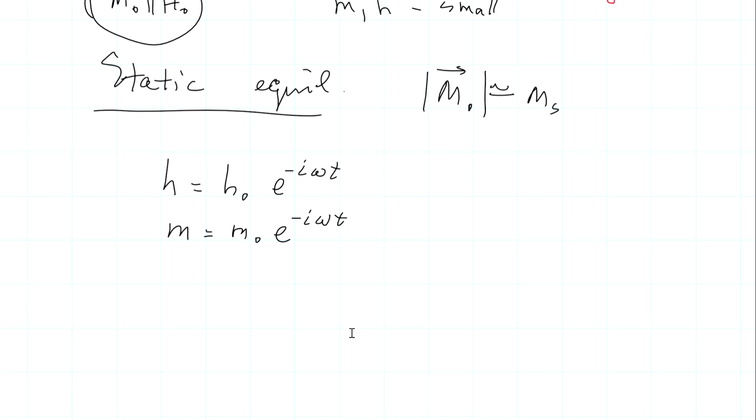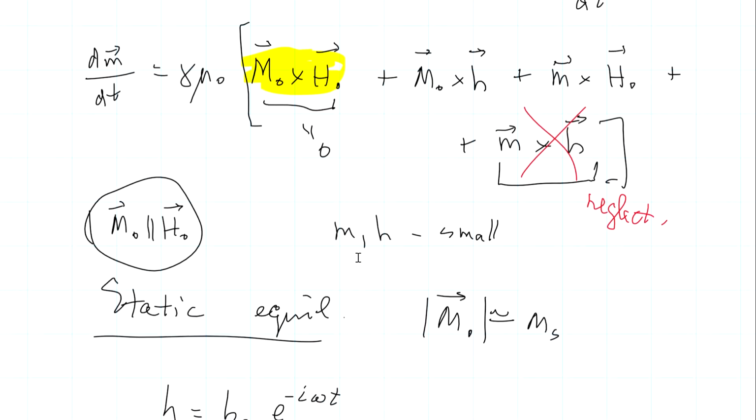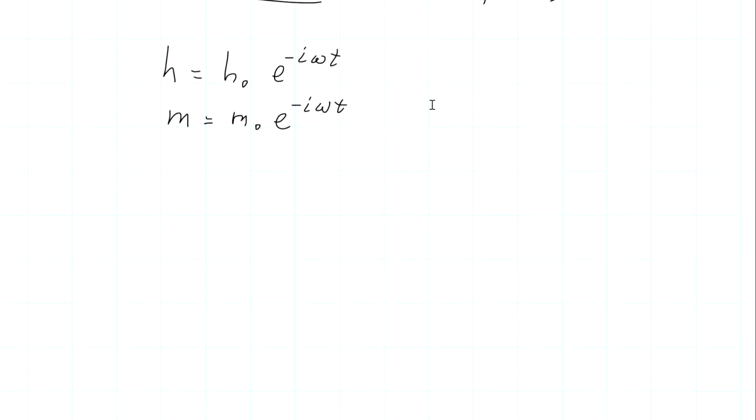So what we do is we substitute these two into this big equation. So what we will get if we substitute is minus i omega m equals. Now we have to set the coordinate system.